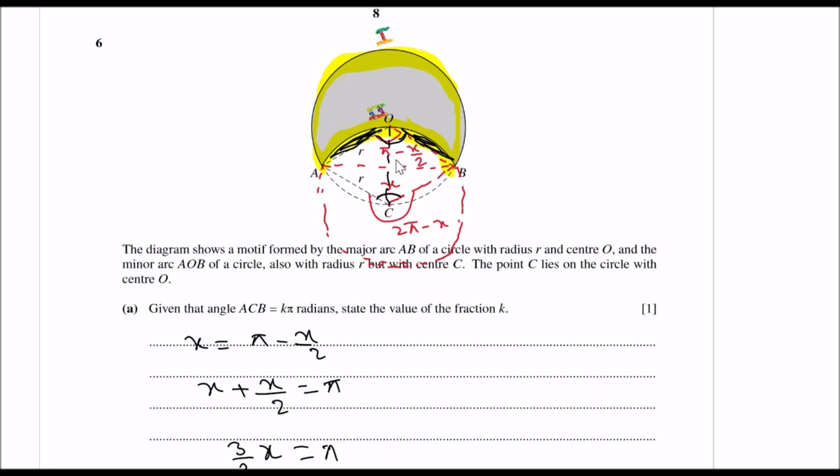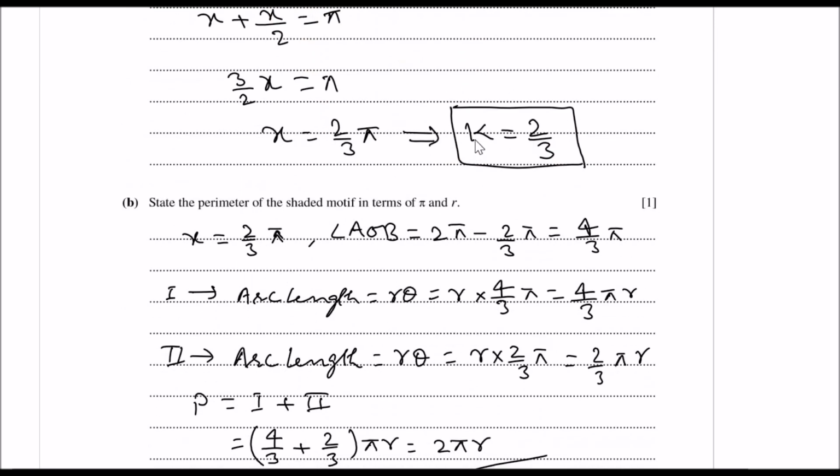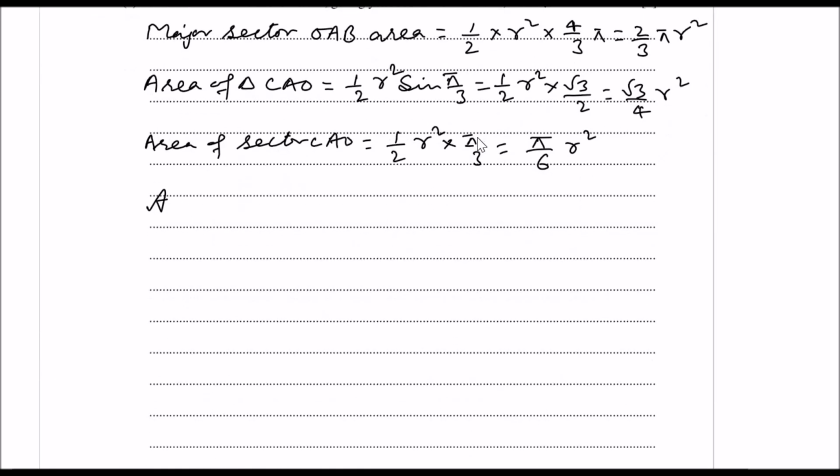So the area of both segments is equal to 2 times the difference of both, that gives us the area of one segment, multiplied by 2 for both.